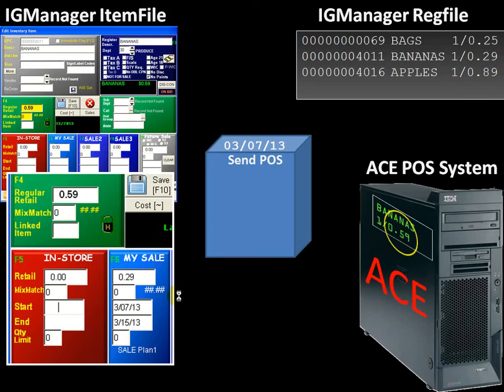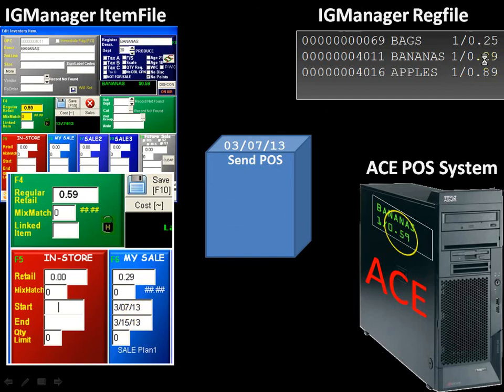If you remember, if we have that situation where the update didn't work and the front end is still at 59 cents and you keep doing sends, nothing happens because nothing actually changed on the front end. I have many people who call up and say, my sale didn't go on. So they go in and wipe out all of the sale information and key it right back in and hit save, thinking that's going to make the item go down.